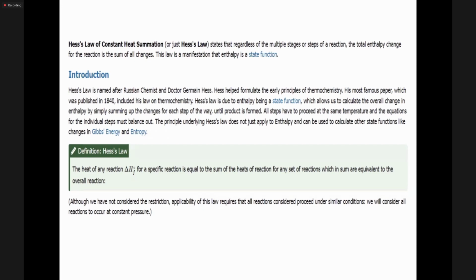But if we have to understand Hess's law well, we have to carry out our discussion by taking up a good example, and then only we can understand what is actually meant by Hess's law. So if a reaction is taking place in several steps, suppose from A to B we are going. We have A in one state and B in another state.